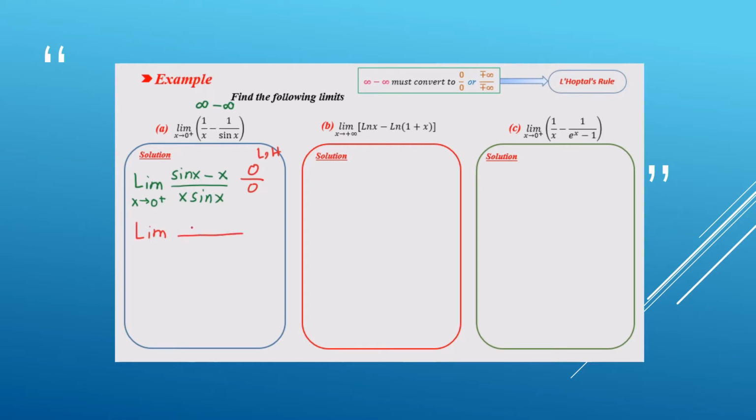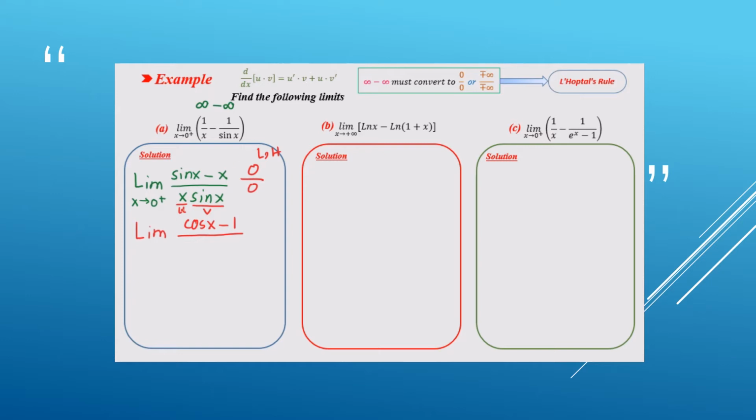The derivative of the numerator is cosine x minus 1, and for the derivative of the denominator you have to use the product rule. So name x as u, and sine x as v, then use the product rule.